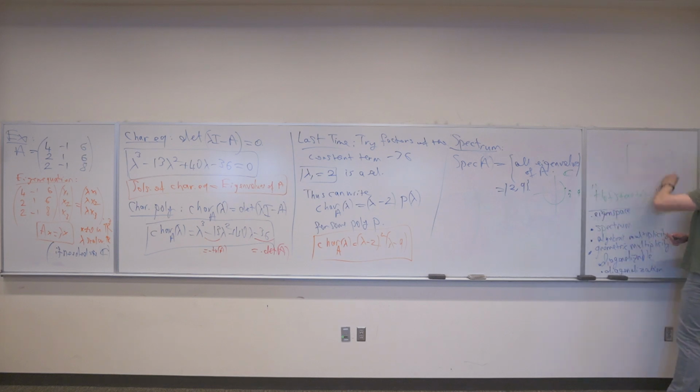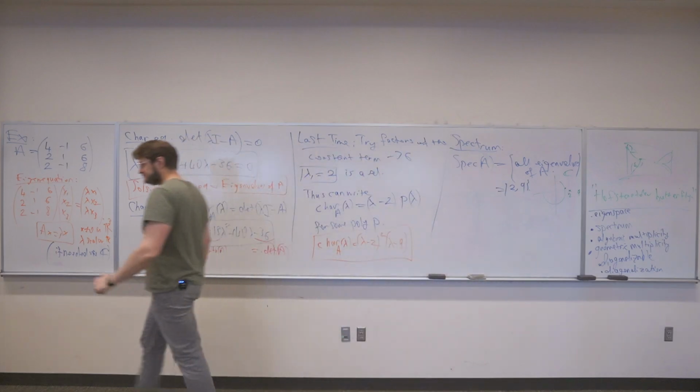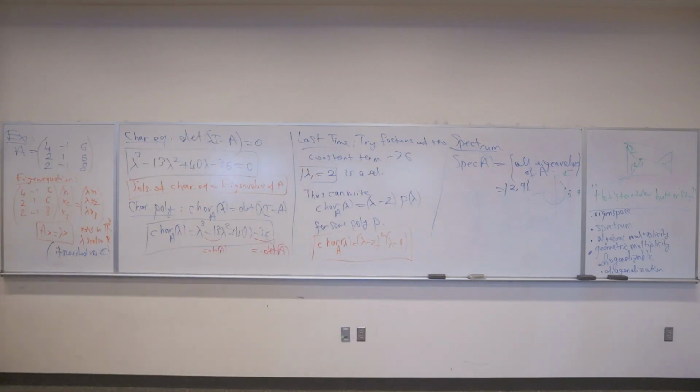There are wings like this, and inside the wings there are smaller wings and so on. Very bizarre picture. Some people say this is the image of God or whatever. But anyway, spectrum is important. Set of eigenvalues.